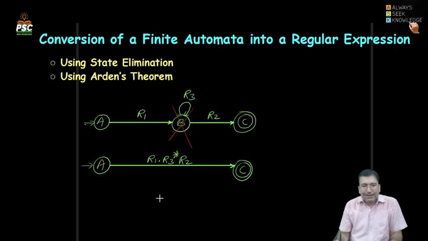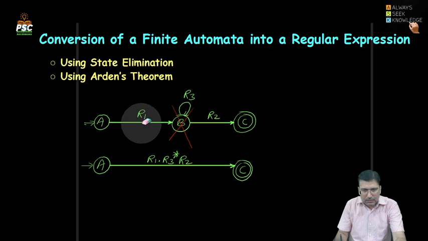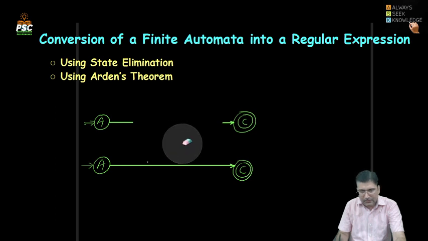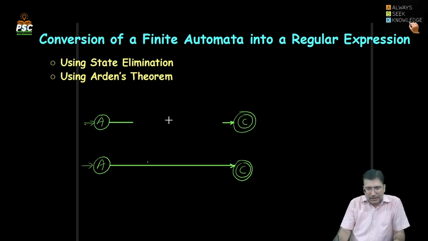Now let's make it a little more complex. Let's say we are having B here, and I'm traversing from A to B like we were earlier, and let's say we are traversing from B to A as well.